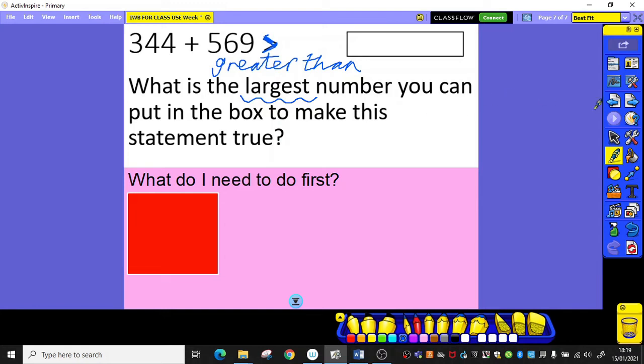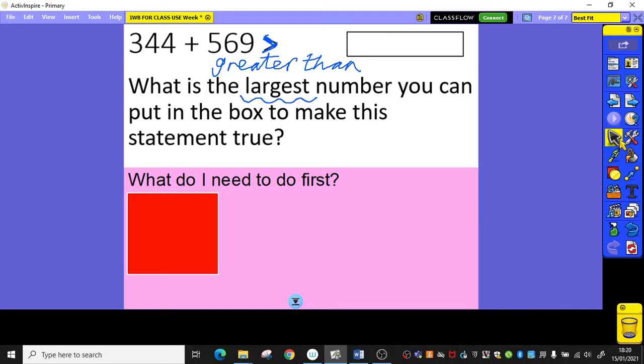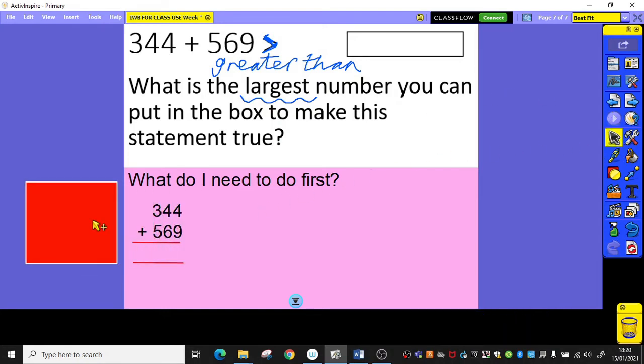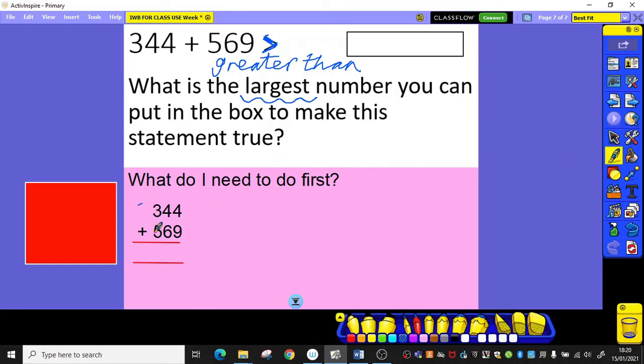So, first thing I need to do, hopefully you have managed to work this out already, is I need to work out what is the value of this side. My sum is 344 add 569, but what is the answer to that sum? 4 add 9, well, I always put the larger number in my head first of all. 9 add 4 is 13.